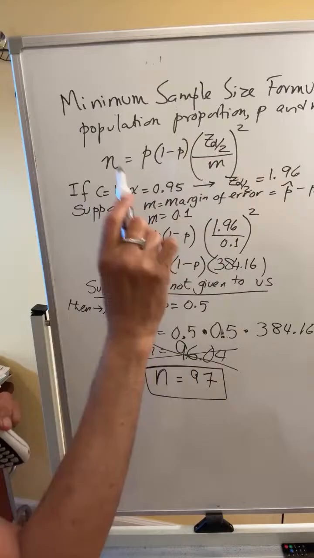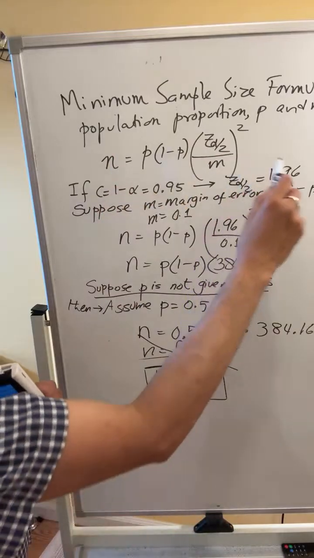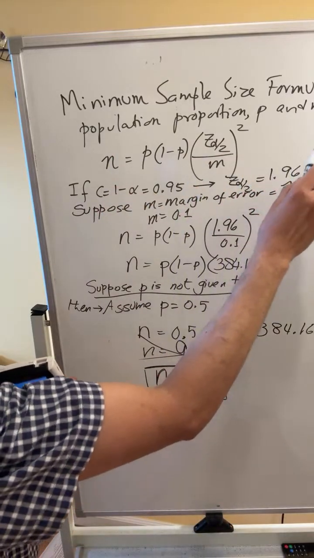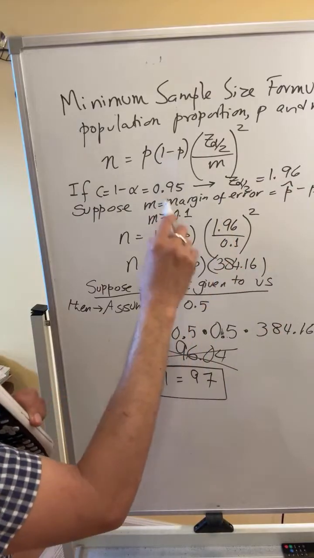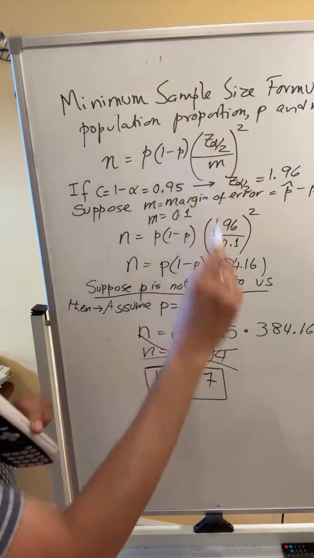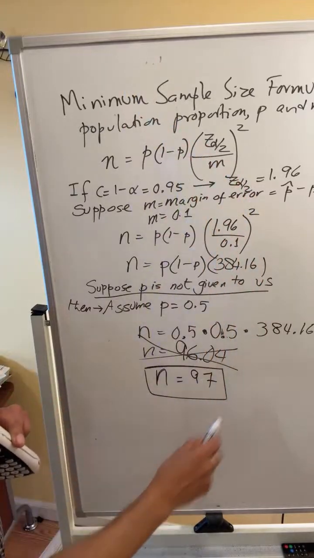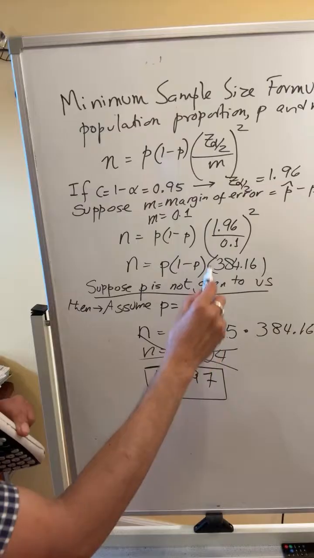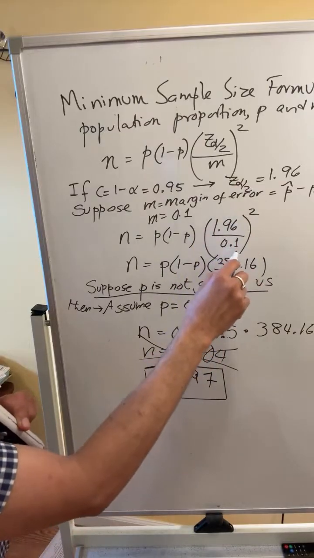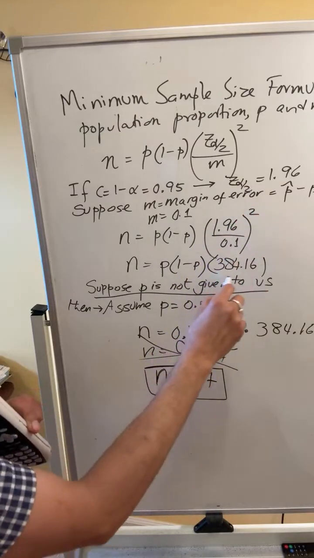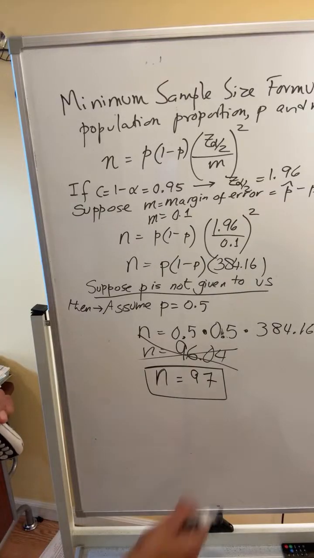Margin of error will be given to us in the problem, which is sample proportion minus population proportion. If it is 0.1 and my level of confidence is 0.95, Z alpha by 2 is 1.96, margin of error is 0.1, 1.96 divided by 0.1, squared, is 384.16.